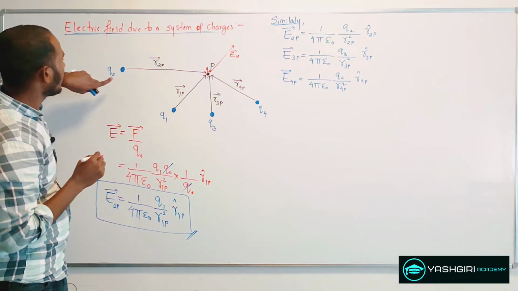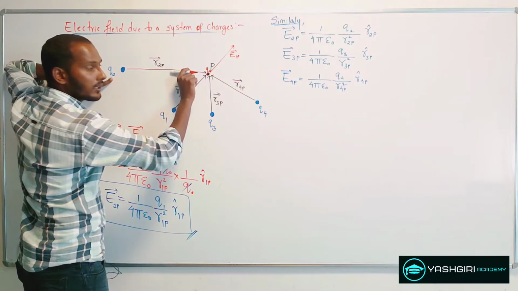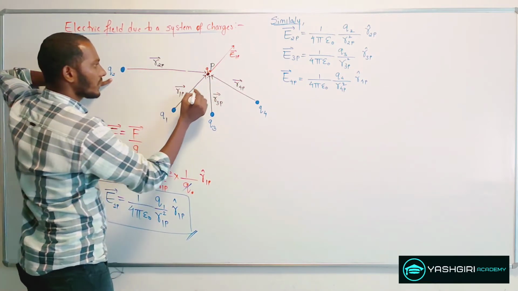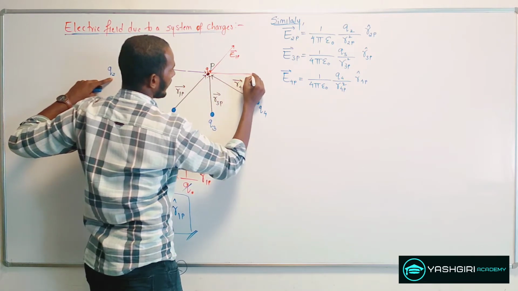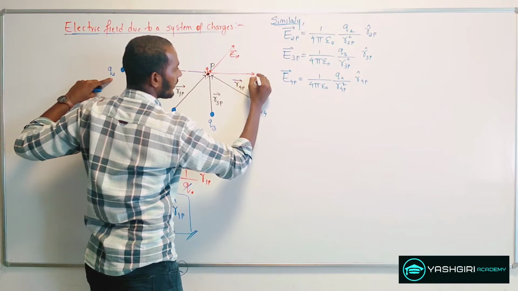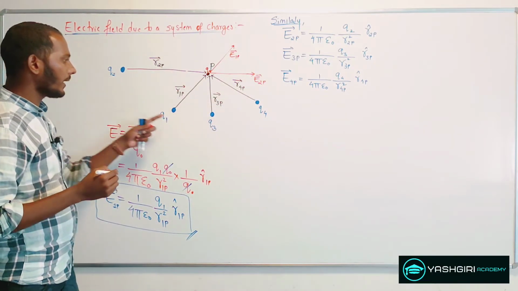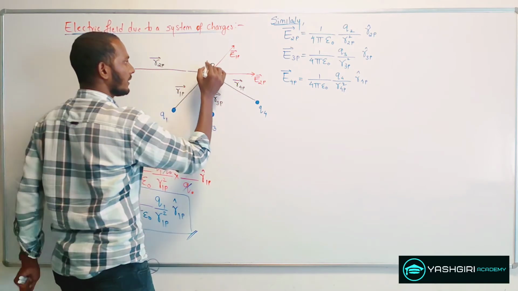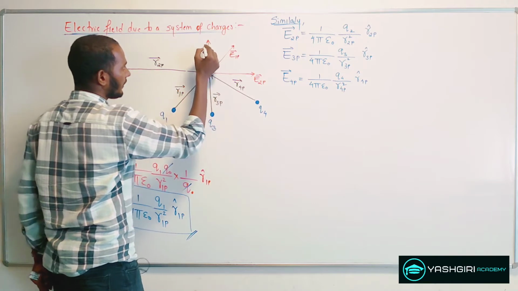In the same way, a charge Q2 is exerting a force on Q0 in this direction. So this is a positive charge, then in that case, the direction of the electric field will be like this. So here I can write this as my vector E2p. In the same way, Q3 will exert a force on this, so the direction of the electric field will be in this direction.